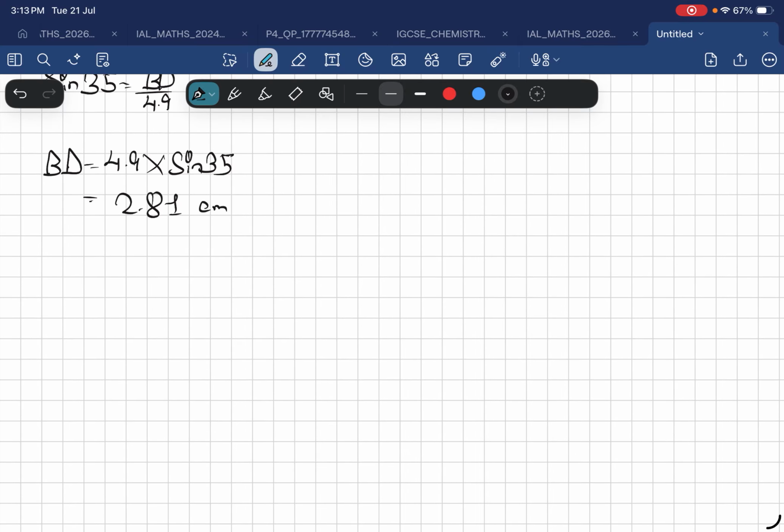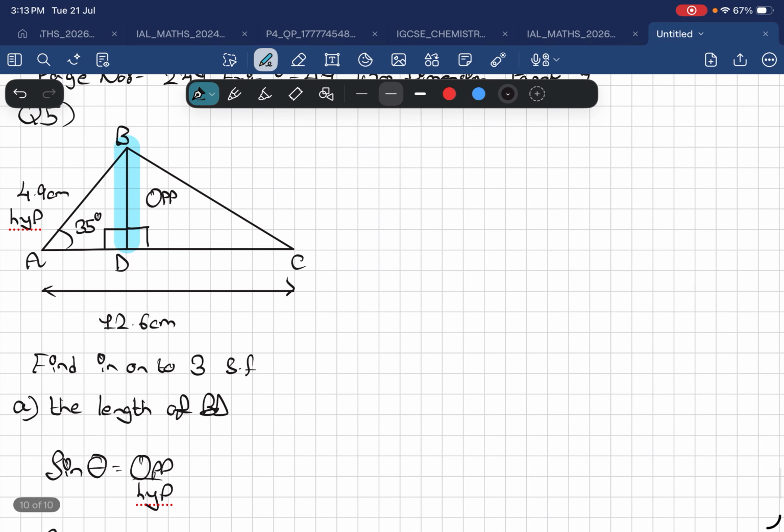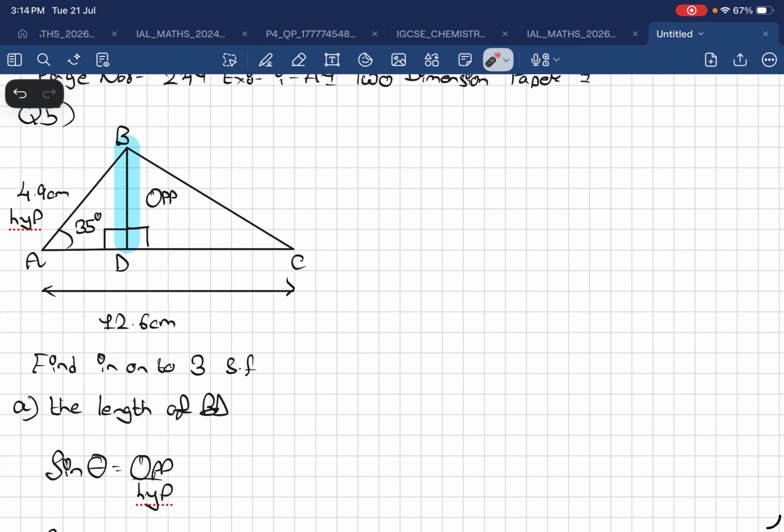So how did we understand that it is sin x? Why did we use sin x? In the question, we are given the hypotenuse of 4.9 centimeters. They told us to find BD, and we know the angle BAD is 35.